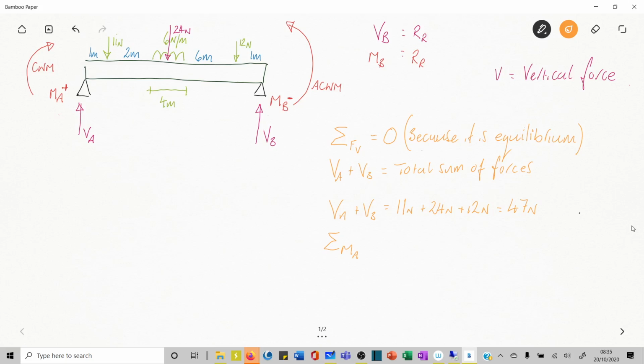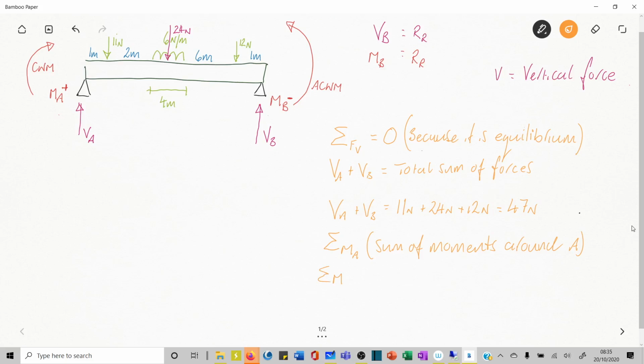The clockwise moments are the moment around A. Let's put that: the sum of moments around A. And that would look like this.